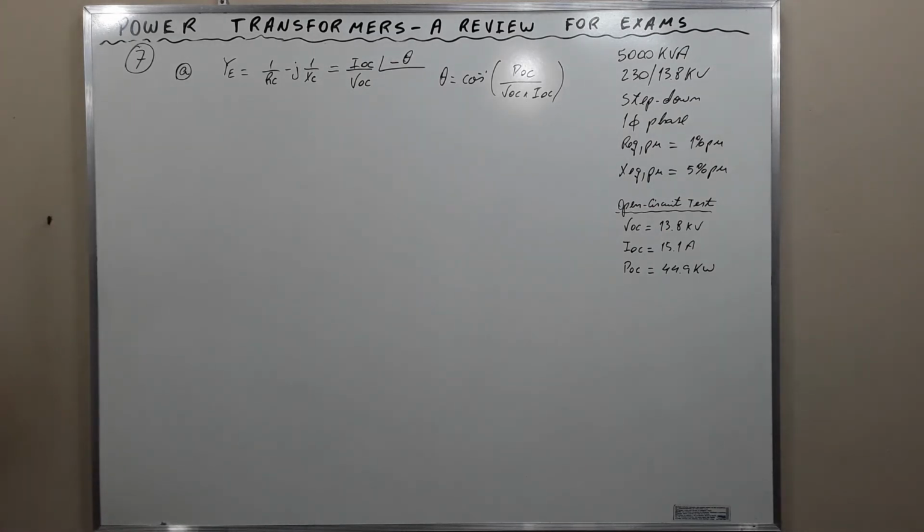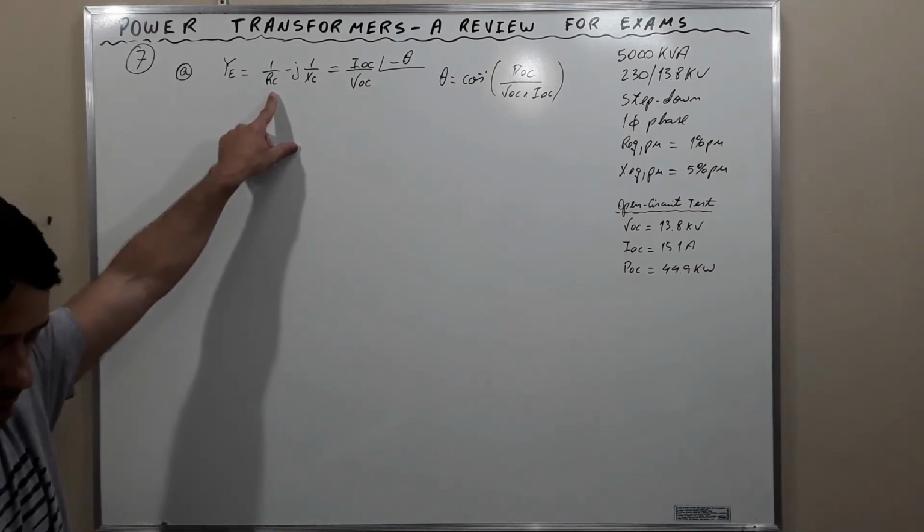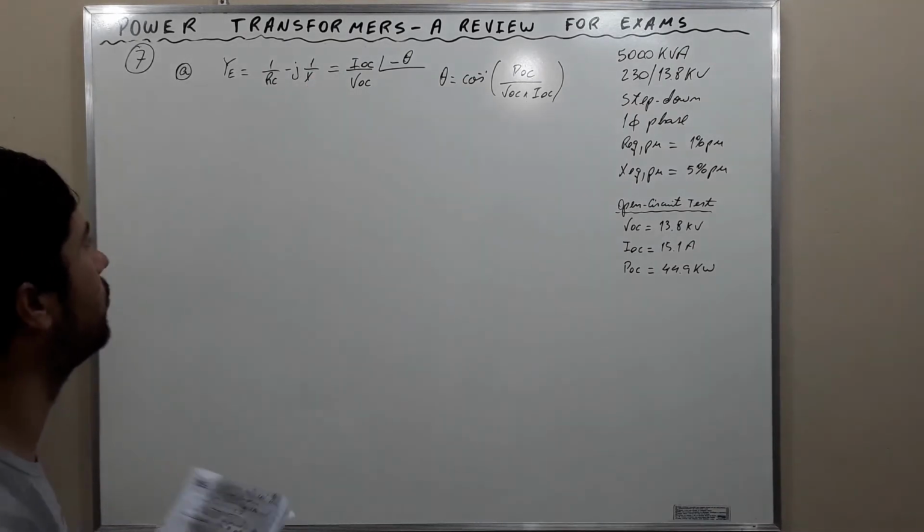And with the excitation admittance, we can find the magnetization components, here is XM, not XC.